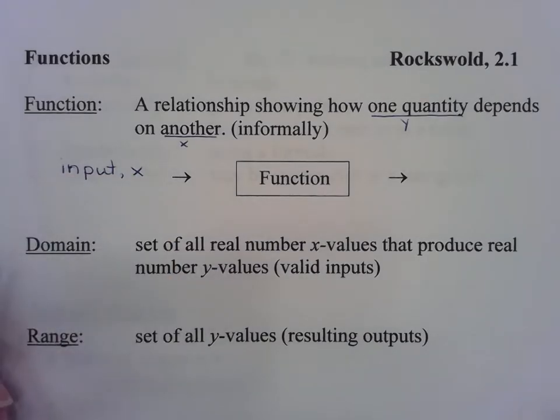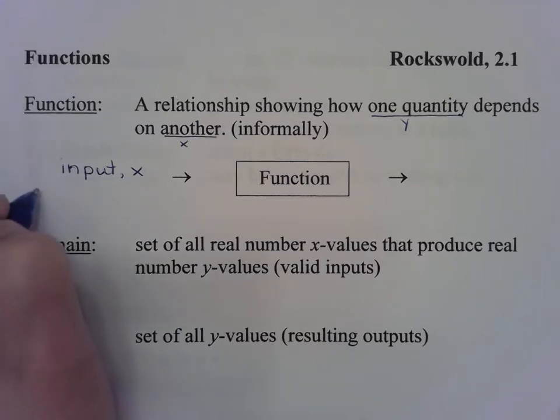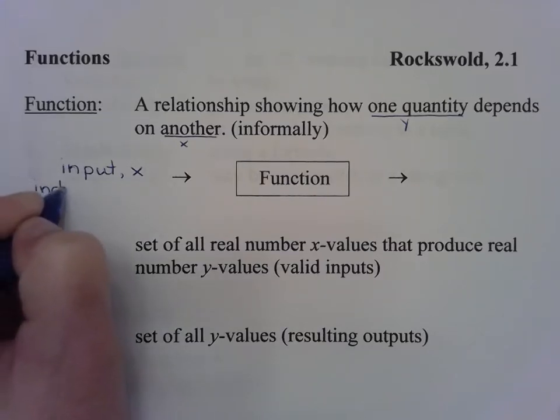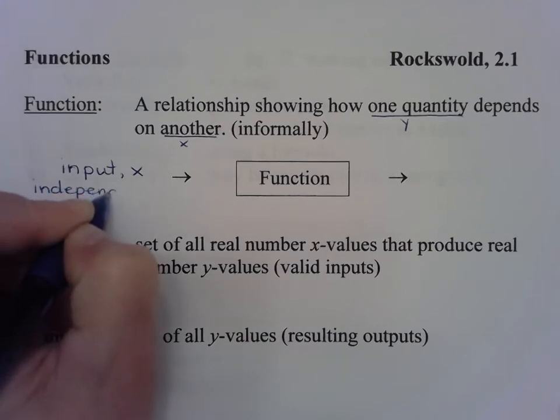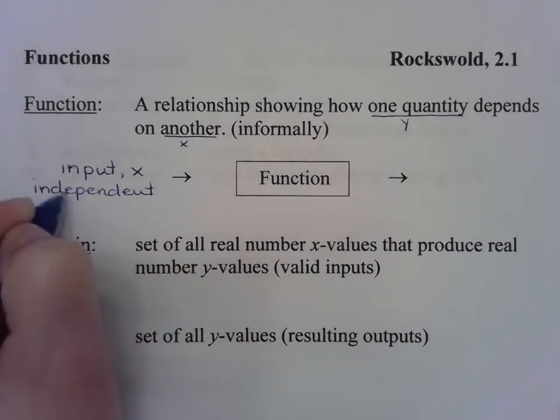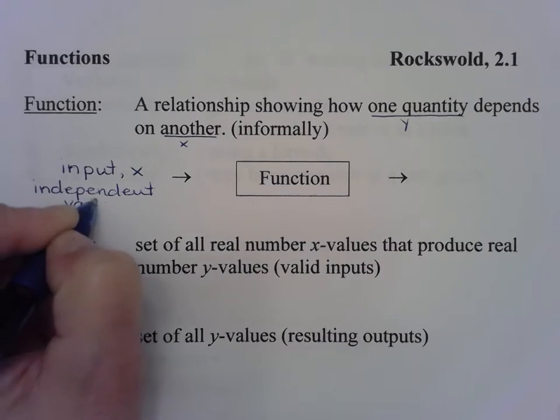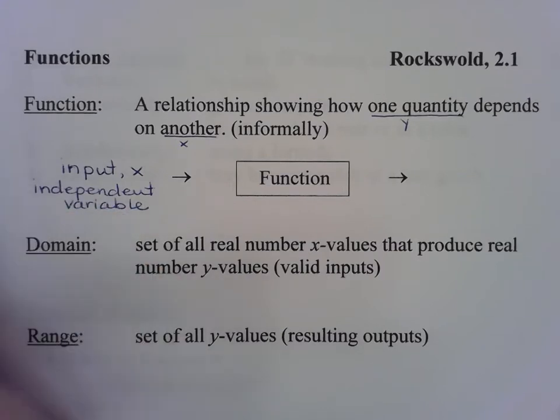And we have a lot of freedom as far as what input we choose to put into our function, or what X values we want to look at. For that reason, the X is called the independent variable. It's independent of anything else.